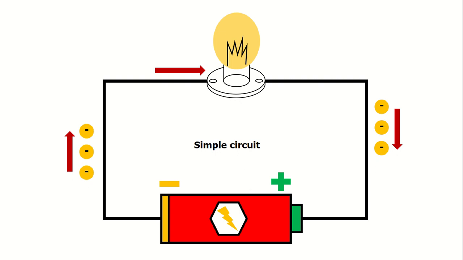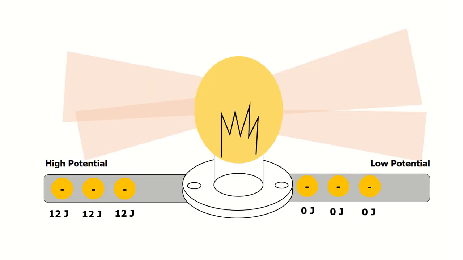If we say that our battery has a voltage rating of 12 volts, that means that every unit of charge will receive 12 joules of electric energy, energy that can be expended to power an electric load like our light bulb here.